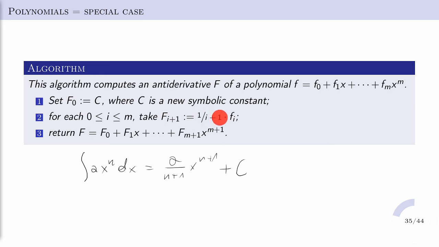So it's 1 over i plus 1 times the coefficient which is here. Of course, this will be the i plus 1 coefficient of a new polynomial. So all in all, the polynomial looks like this.